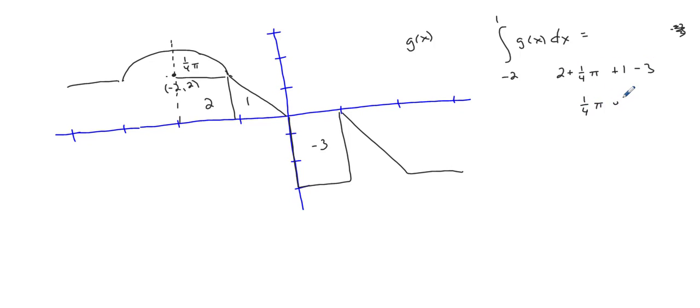Is that what you guys are getting? Okay. So this rectangle cancels out basically this rectangle and this triangle. All right. Now, let's just think about this for a second. -2, 1, oh, not 1. -2, 3. g of x dx.